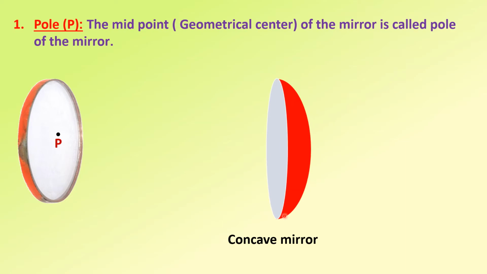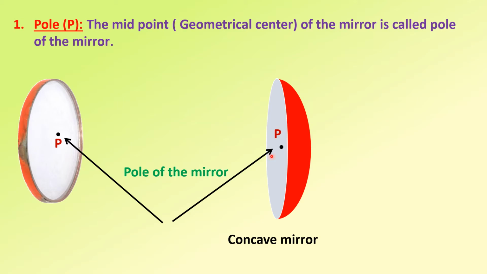You can see here also it is a concave mirror, and here is the pole. So the midpoint of the mirror, this is the mirror, here is the midpoint or geometrical center, is called the pole of the mirror.